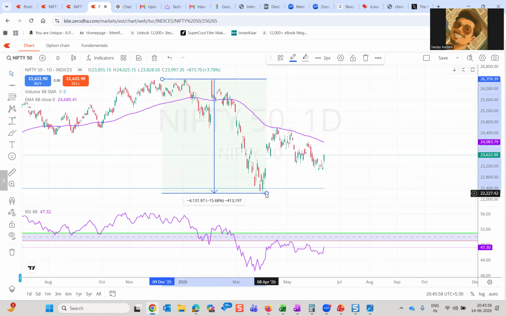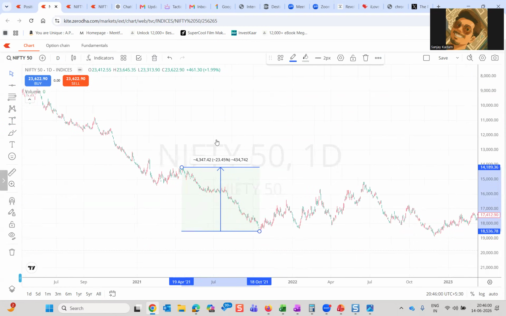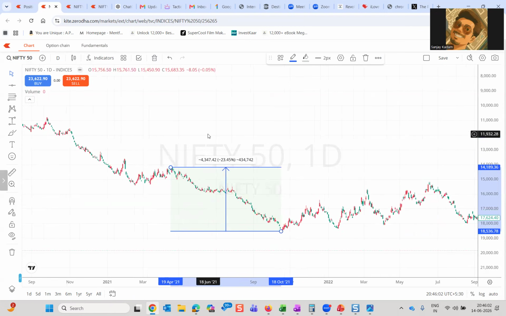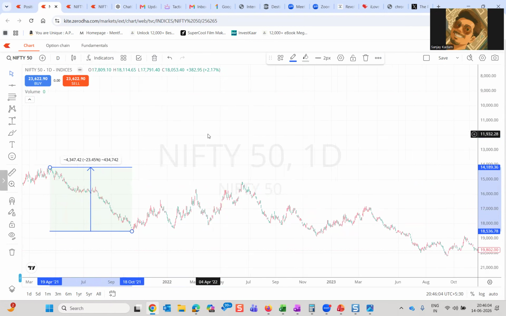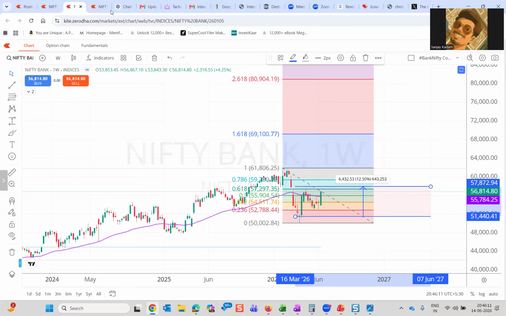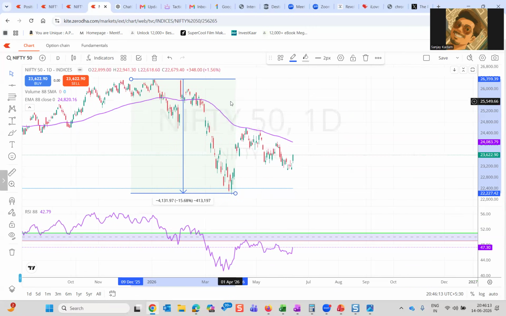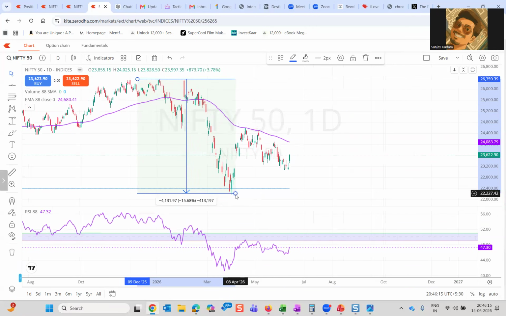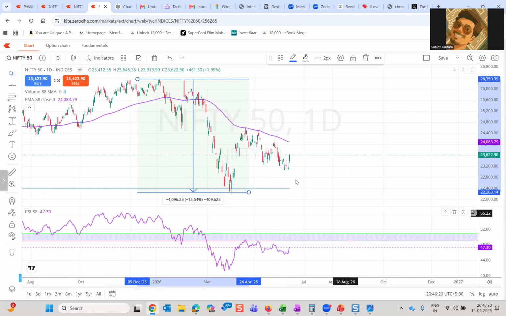This is 4000. तो निफ्टी में this is too far from this point, so Nifty will be lagging. It looks like Nifty is lagging.